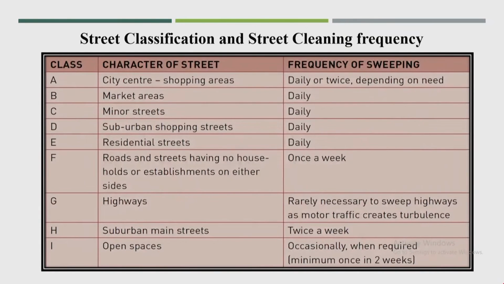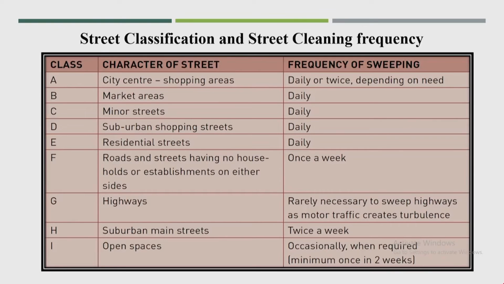Street classification and street cleaning frequency is a very important guideline given in the solid waste manual. They characterize the different streets in categories A, B, C, D, E, F, G, H, I. Take the example of class A, that is city center or shopping mall area, where the streets are cleaned daily or twice depending on need.